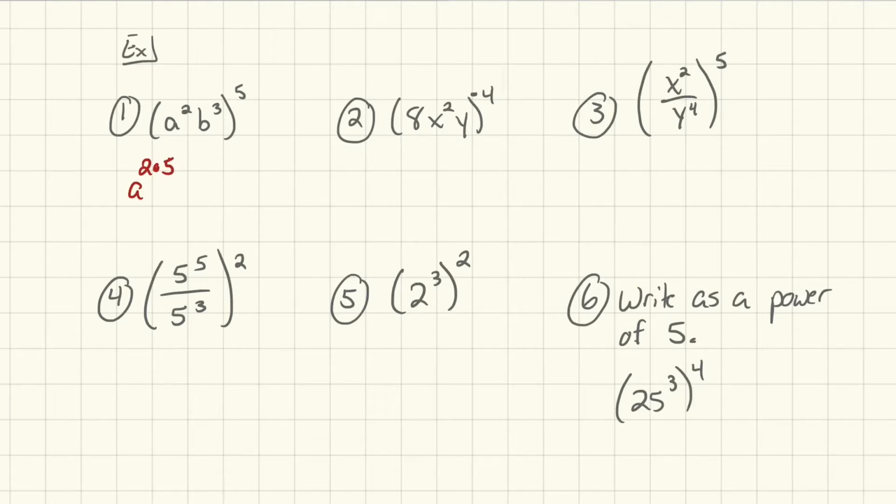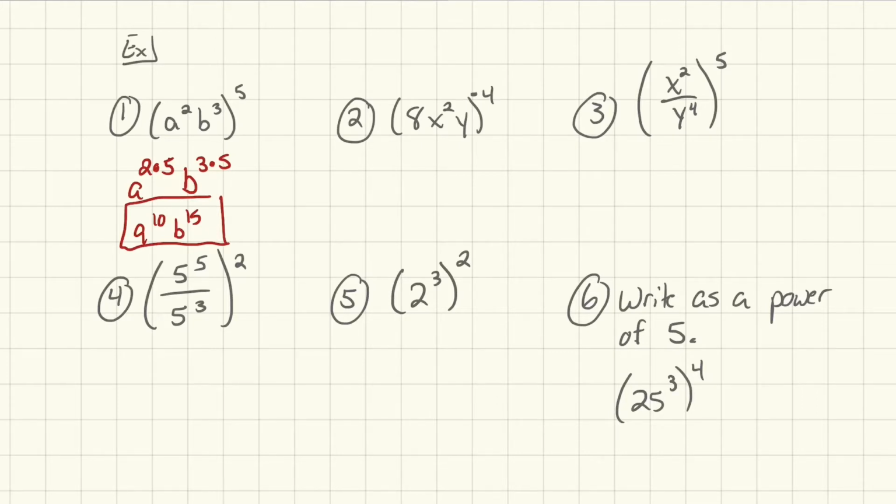We move on to b to the third. We raise it to the 5th power. Anytime we raise powers to powers, again, that's just going to be b to the 3 times 5. And then we simplify that math. That gives me a to the 10, b to the 15. And we're done. Nothing more to it than that.